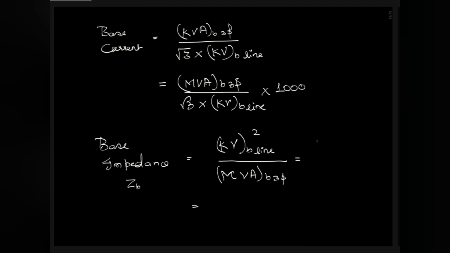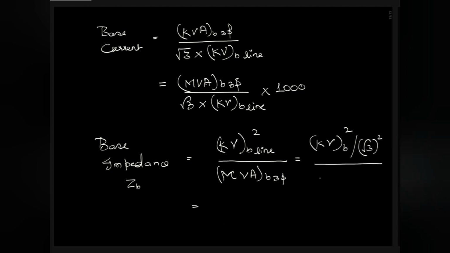Now if we write this kV base value in terms of phase, what it will be in single phase, it will be divided by √3, right? And if we write this MVA in terms of single phase, then this will be divided by 3.